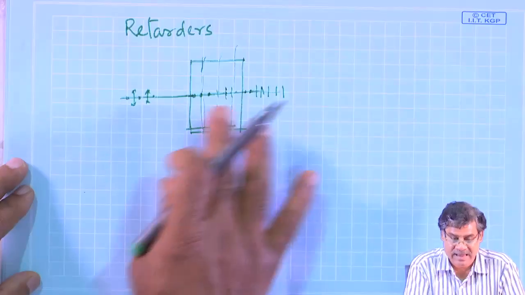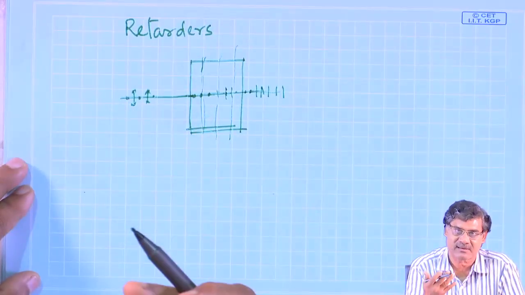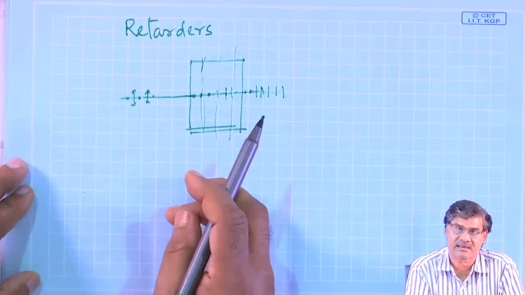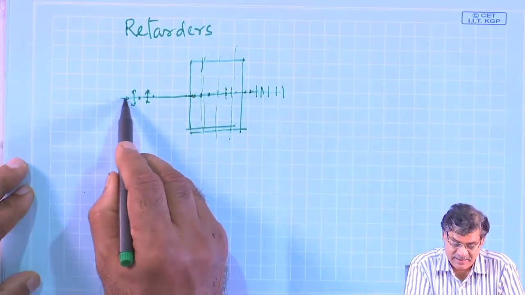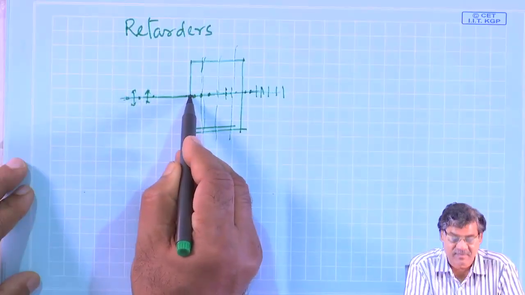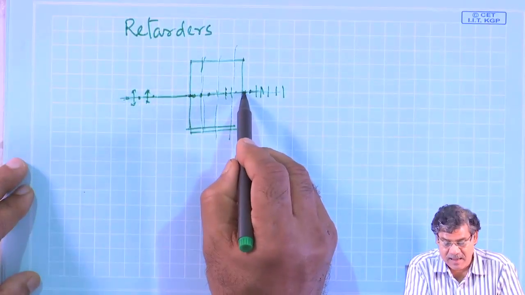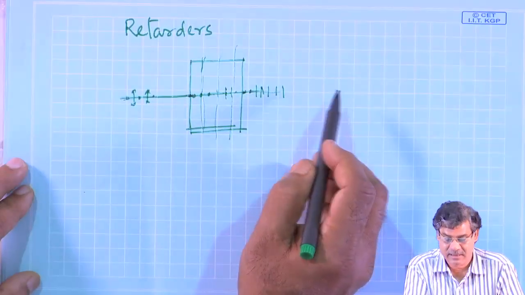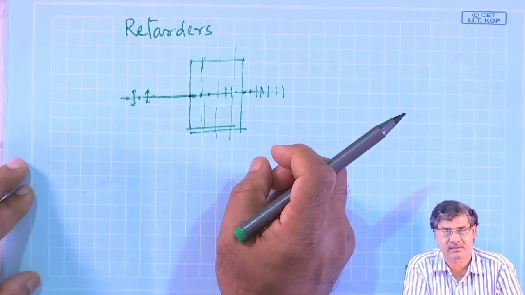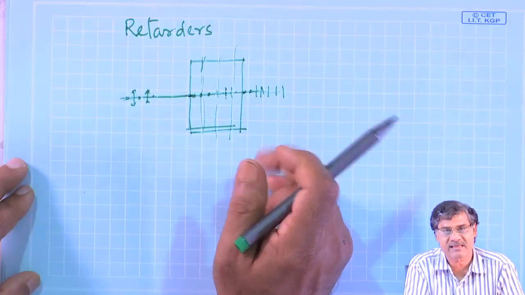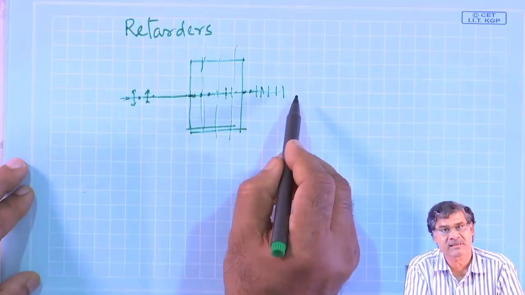So, there will be a retardation, meaning a phase introduced when they come out. They are incident at the same time with the same phase, but when coming out of this crystal there will be a path difference, meaning a phase difference, between the O ray and the E ray, although they are moving in the same direction.